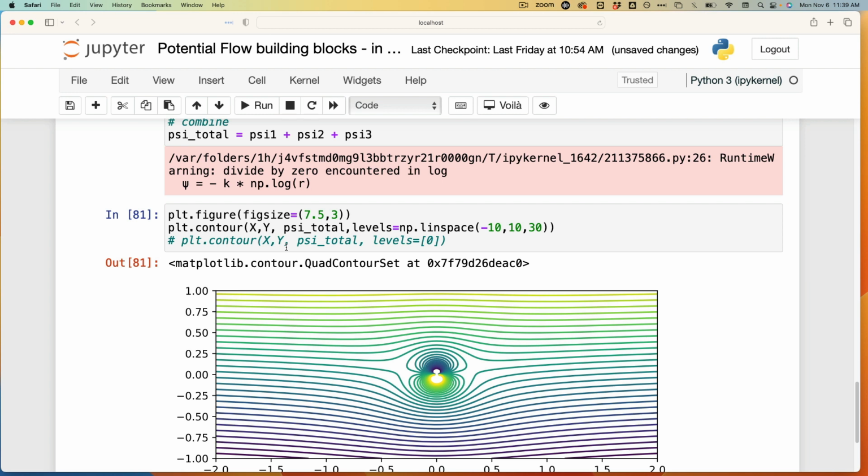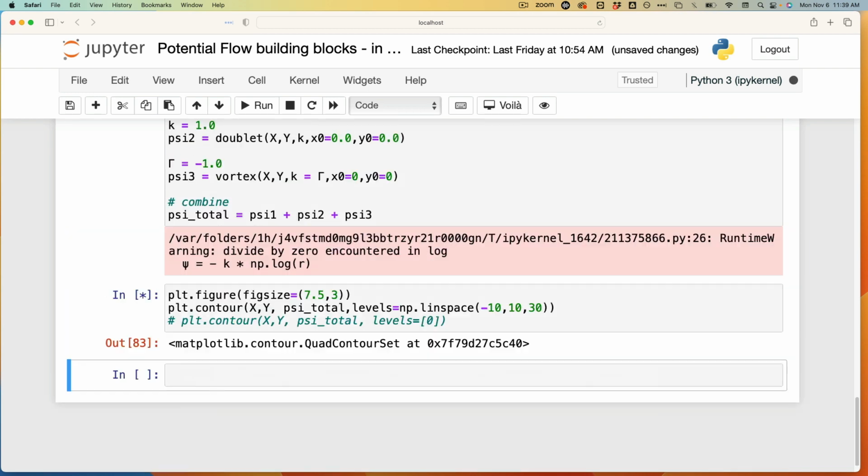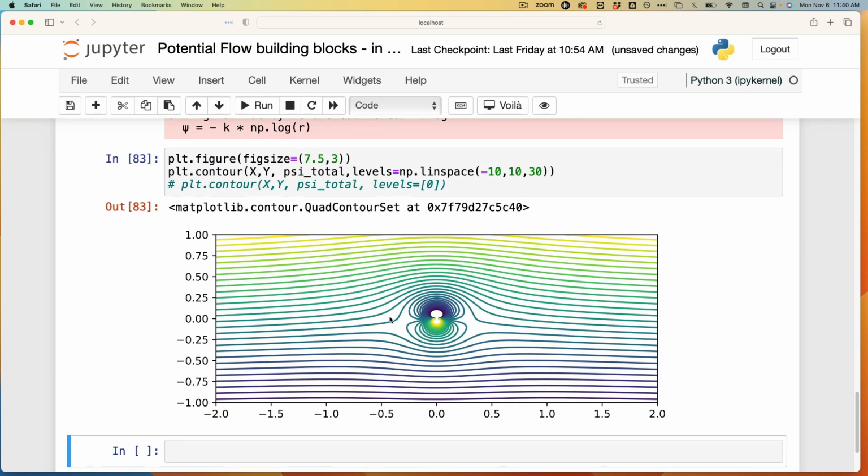It's as if the cylinder is moving in this direction. So it's spinning, and it's going to move in this direction or that direction, okay? Depending on the value of that gamma. Gamma is positive or negative. Same thing, right? The streamlines are shifted upward or downward.